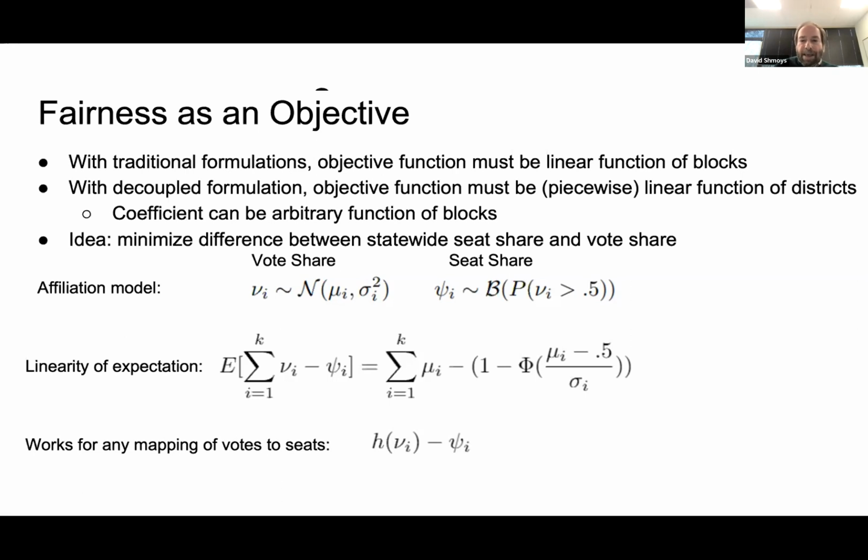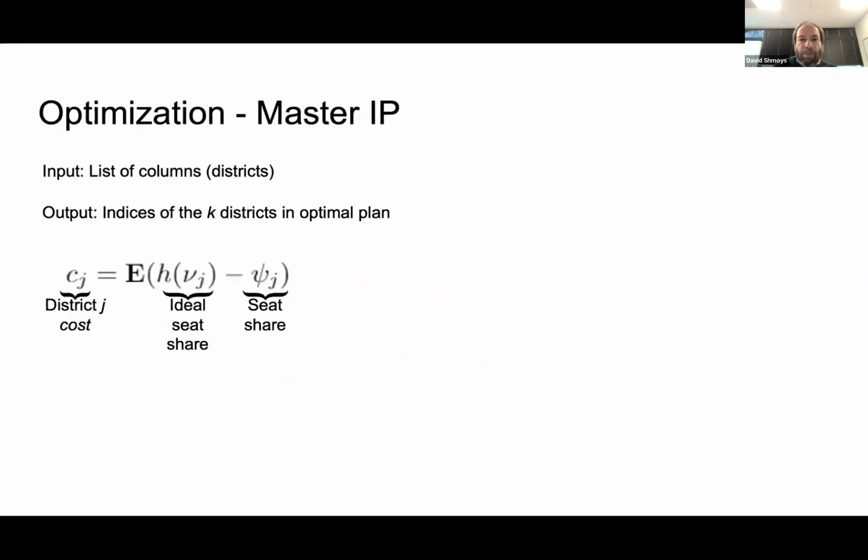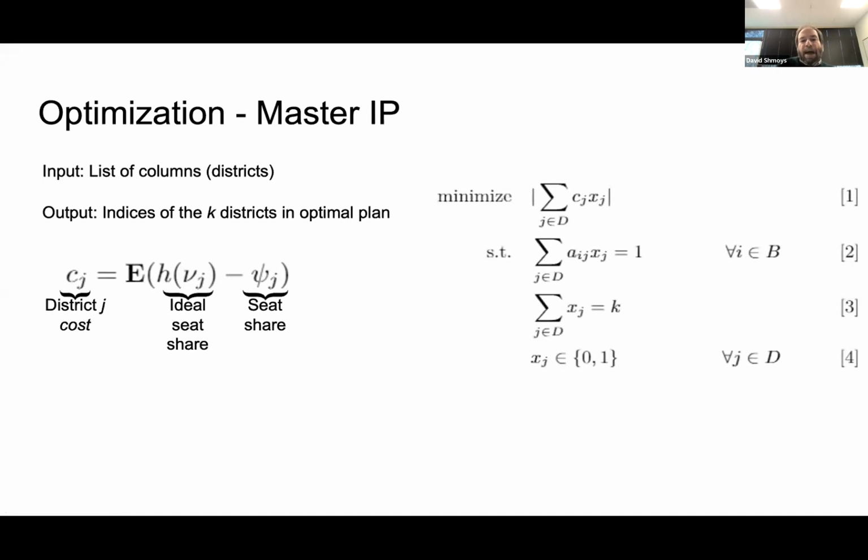And the way this translates into a master optimization problem as we go back to our set partitioning problem is that I can think about the cost of choosing a particular district as being that linearity of expectation of the ideal seat share minus the seat share value that results from a given vote share.